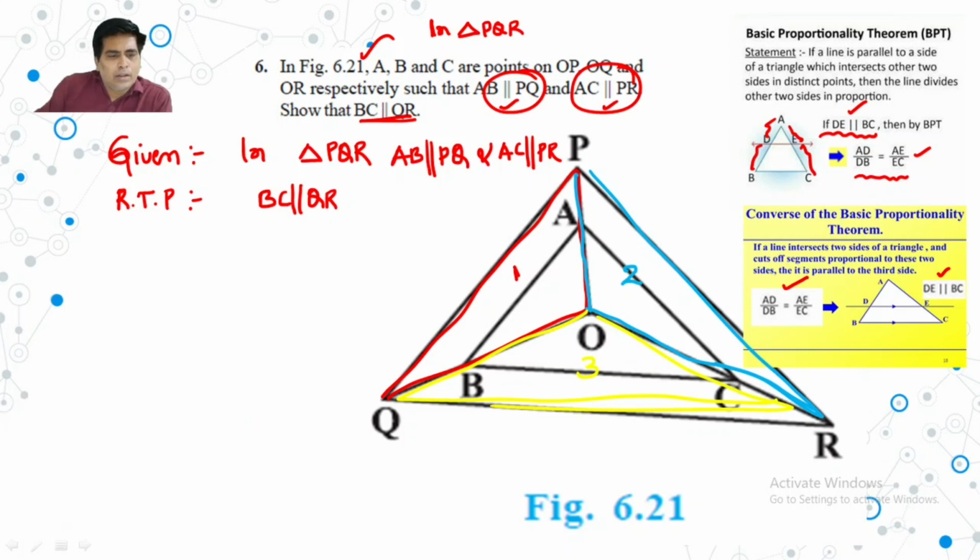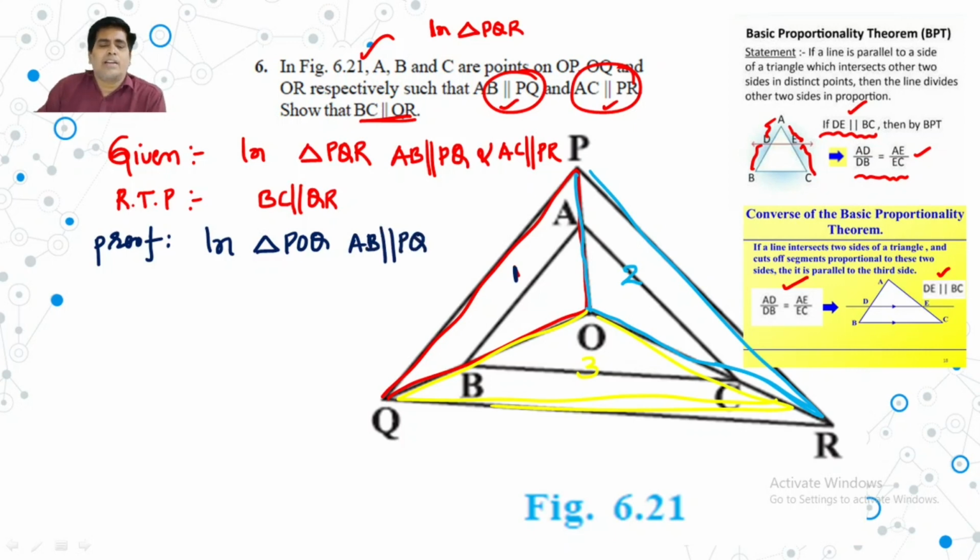First of all, the proof. I will consider triangle POQ. Look at the red mark of this triangle, triangle 1. In triangle POQ, AB is parallel to PQ. Already he has given in the data, AB is parallel to PQ.